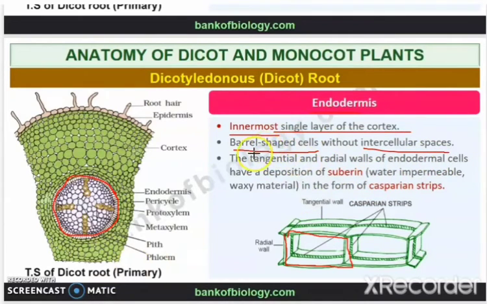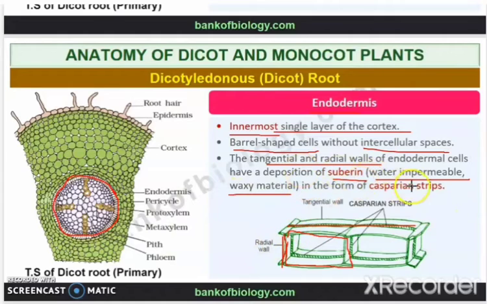And the tangential and radial walls. What is this tangential wall? This wall is the center portion of the endodermis, and the radial wall is this part, right? The tangential and radial walls of endodermal cells have a deposition of suberin, which is a water impermeable waxy material.